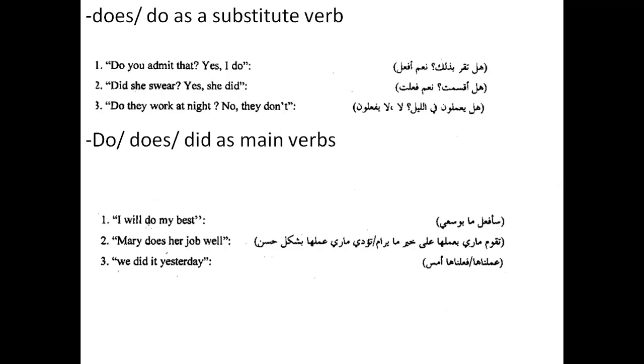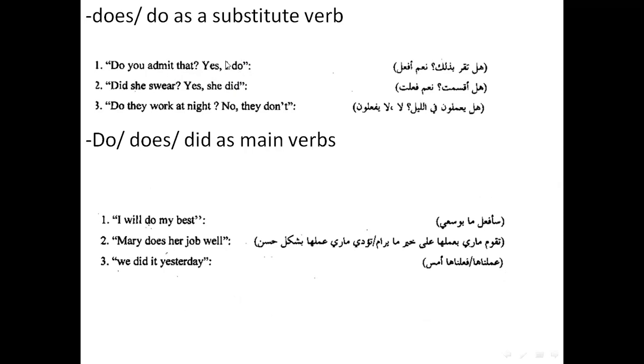Okay, now sometimes do and does are used as substitute verbs. For example, do you admit that? هل تقر بذلك؟ Yes, I admit that. But instead of saying yes, I admit that, we say yes, I do.